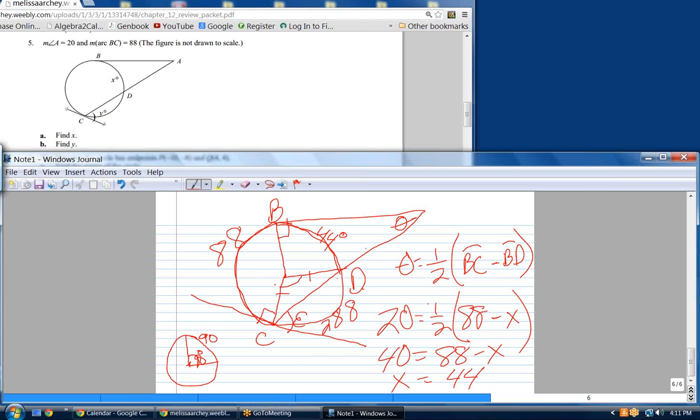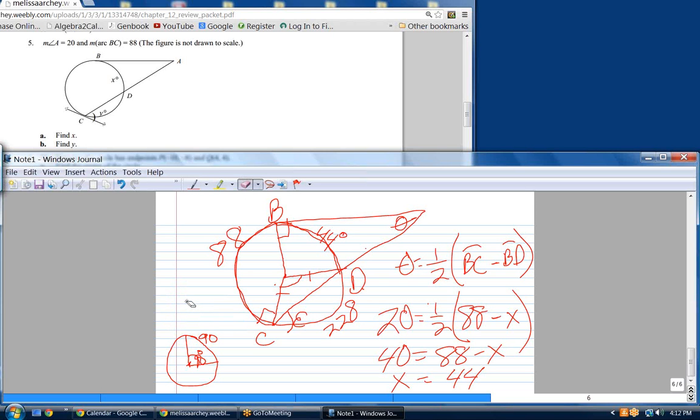Right. So if I know that arc CD is 288, no, 288 isn't right, 188. Right? 360 minus 132 is 228. Which makes this central angle here 140.